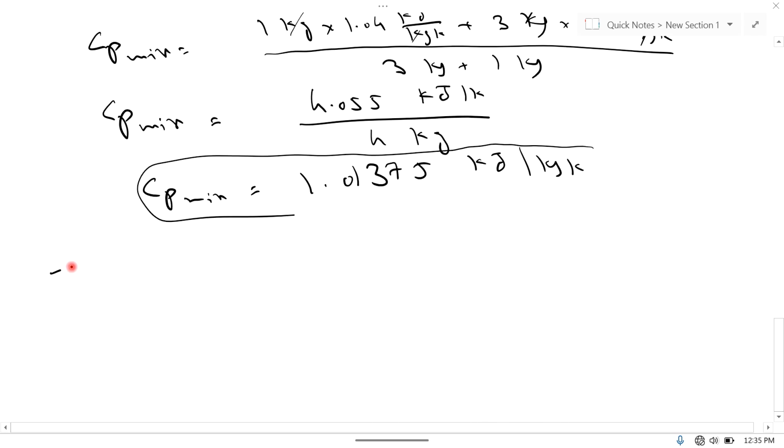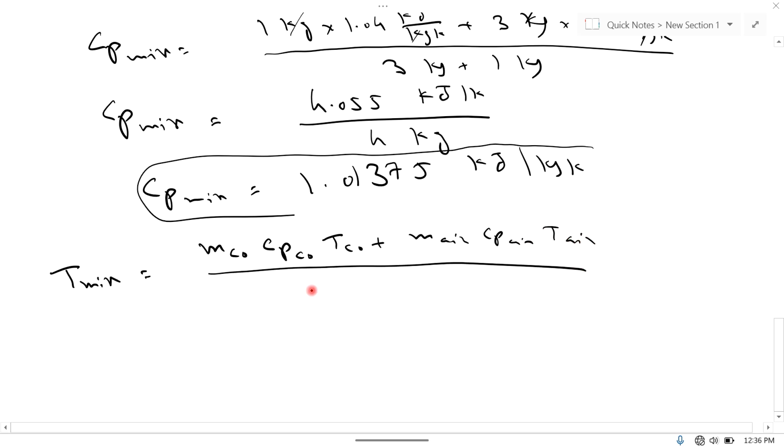Rearranging the formula, T mixture is equal to mass of carbon monoxide into Cp of carbon monoxide into temperature of carbon monoxide plus mass of air into Cp of air into temperature of air, all these values are given, divided by mass of air plus mass of carbon monoxide into Cp of mixture.